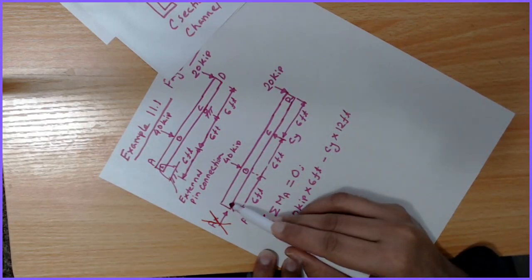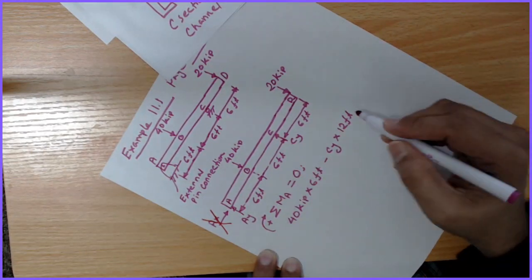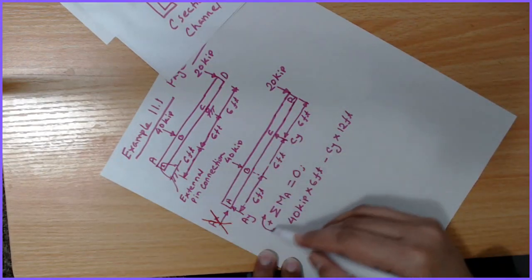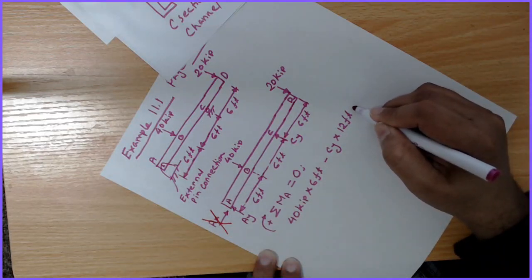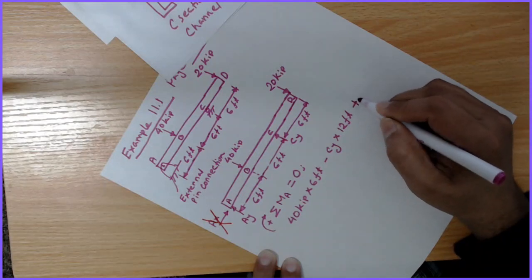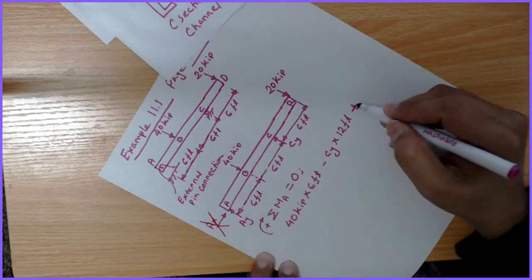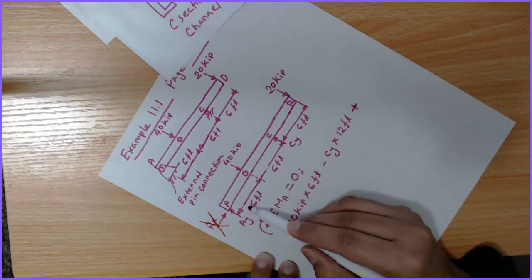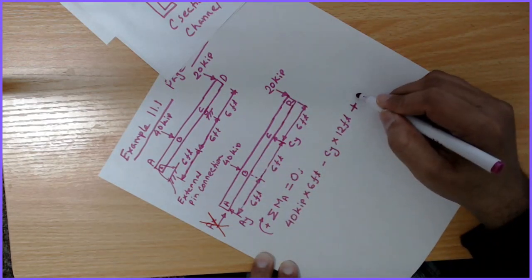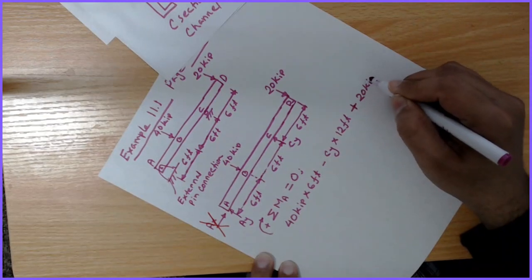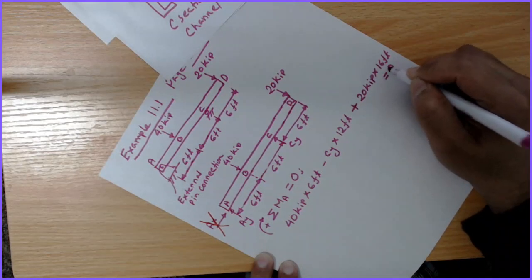So CY, if this is my A, from here to here 12 feet, and it was anti-clockwise, so it is negative, plus then third one 20 kips is clockwise, and it is 16 feet away from the point A. So 20 multiplied by 16 feet equal to 0.